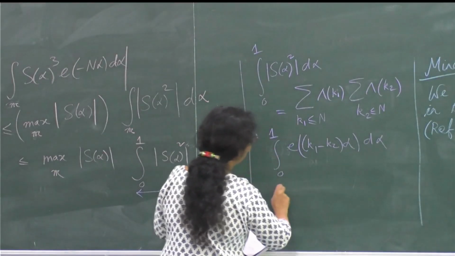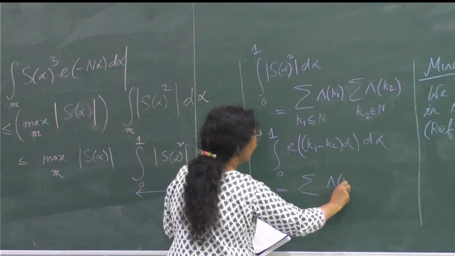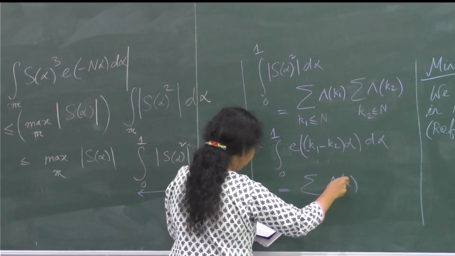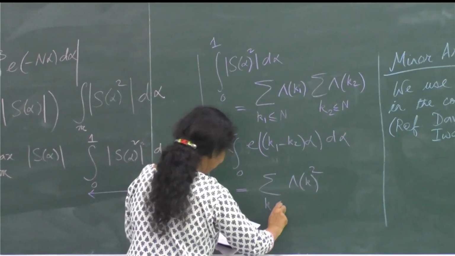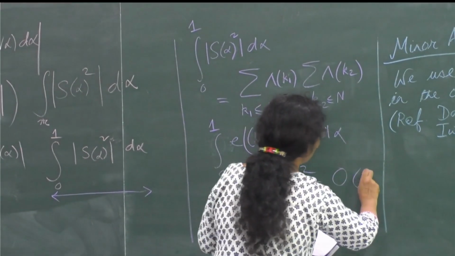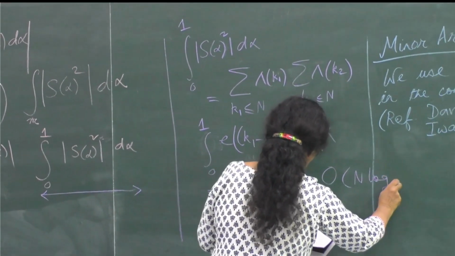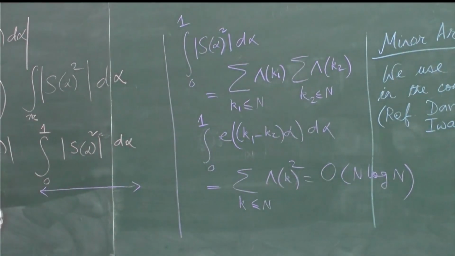This is equal to, so lambda k, now instead of having two variables, I can write this as one single variable, and this is equal to big O of n log n. So we need a bound now for S of alpha.